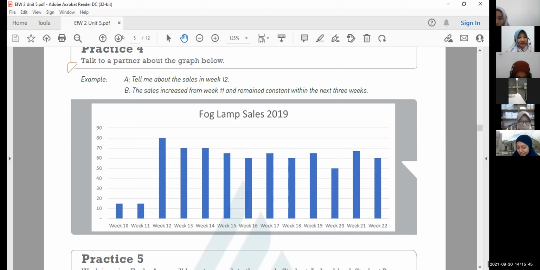Or perhaps Miss Shanas can choose the group, other group perhaps. Or group 1 perhaps can choose. I choose Miss Ayu's group. Okay, let's go, Miss Ayu's group. So Miss Ayu with Miss Tita. Okay, sure.